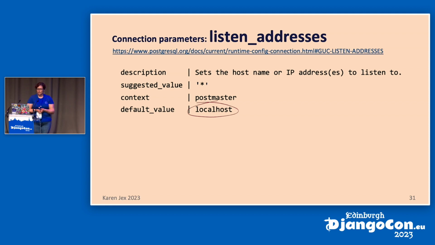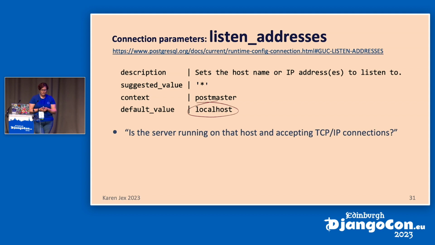So you'll get an error message if you try and connect from anywhere else, which is this message here asking you, is the server running on that host? Is it accepting TCP/IP connections?